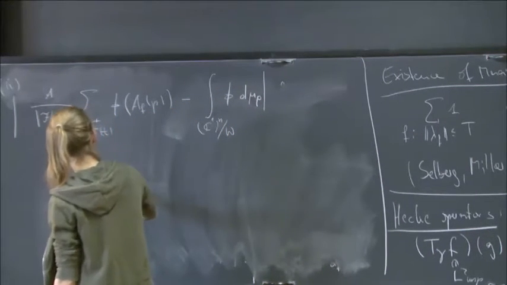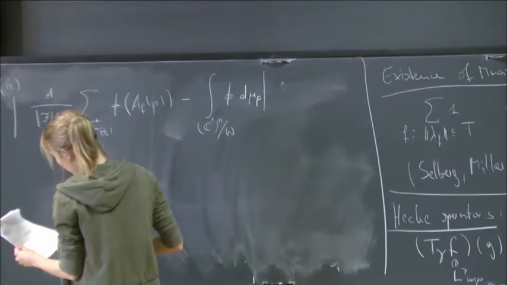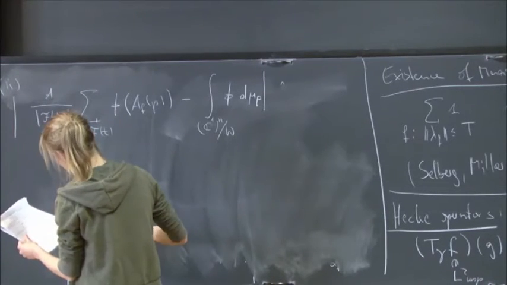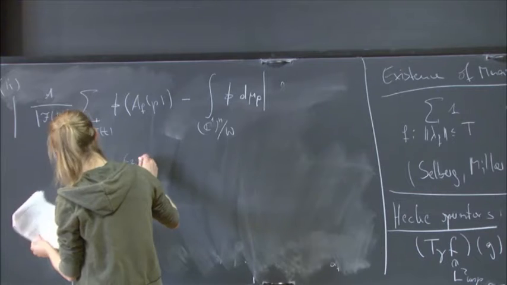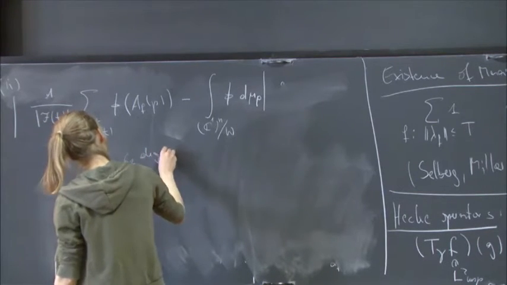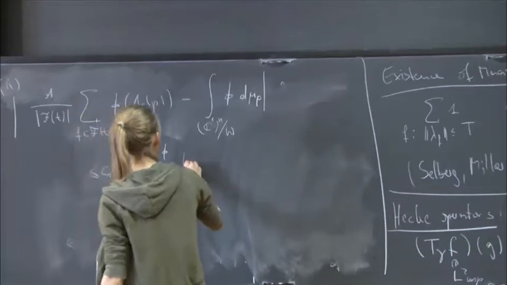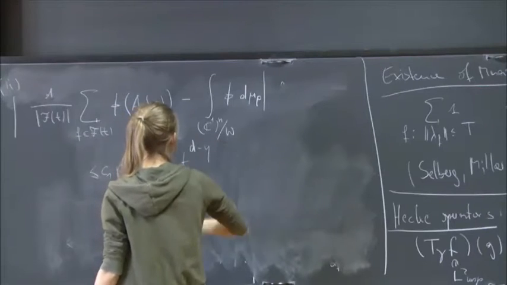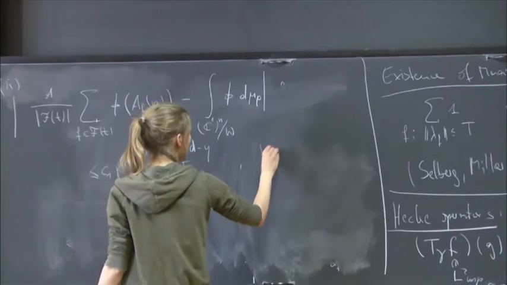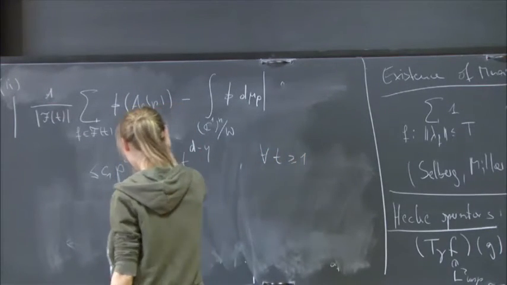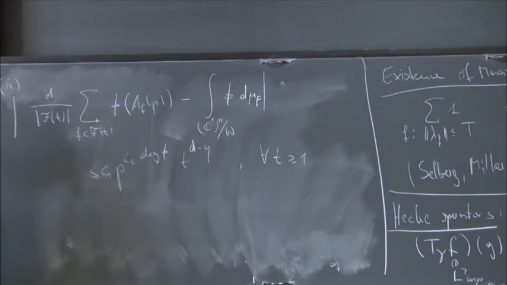So this is bounded by c1 times p to the c2 times the degree of phi times T to the d minus eta for all T at least 1. And c1 and c2 also depend again on n.